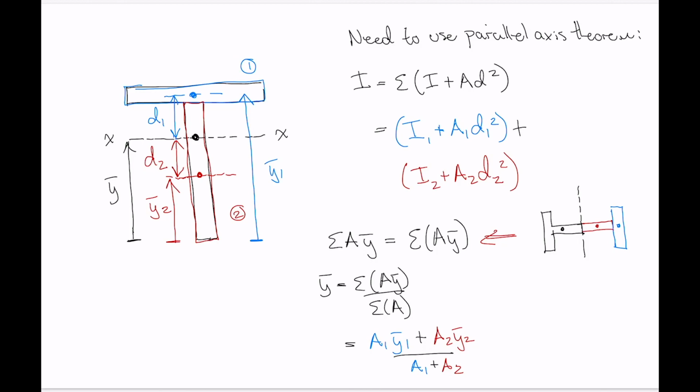So we're just doing a sum of the moments equation on areas there. All right, so two important equations on this page for you: this one here, the parallel axis theorem, and this one here coming out of the first moment of areas.